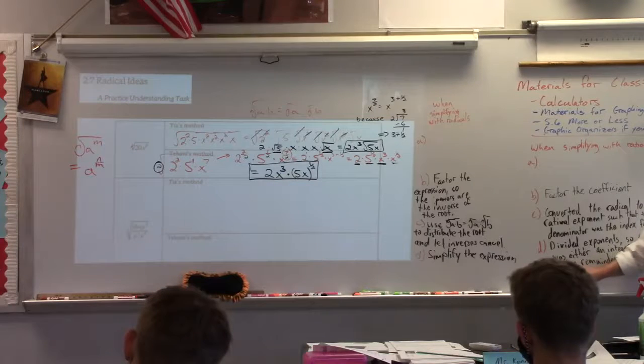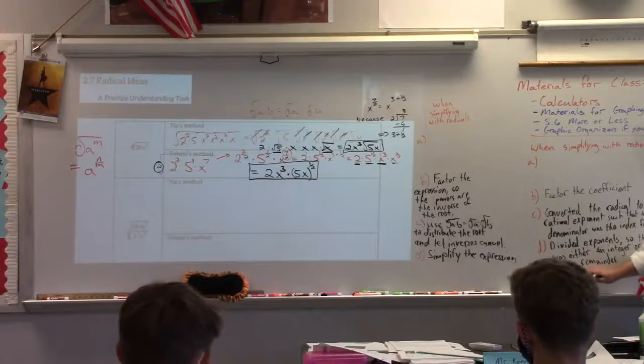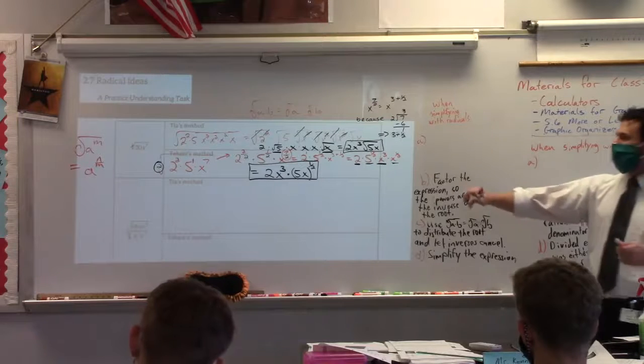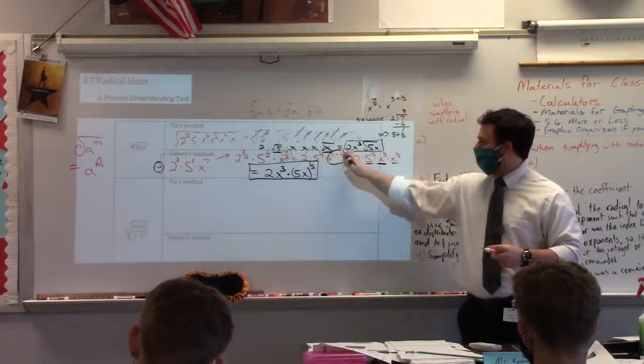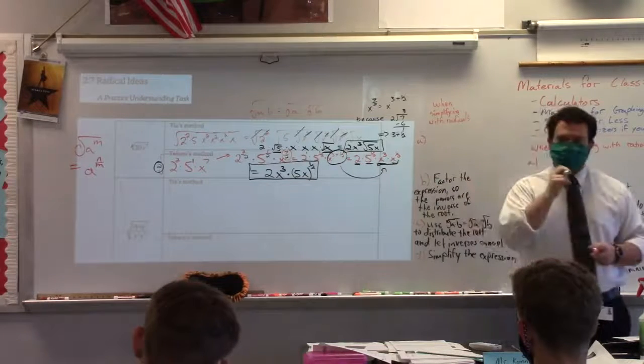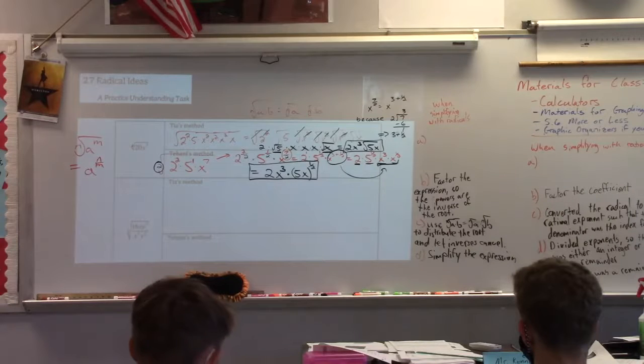How do we go from this to this, when there was a remainder? Well, that's adding, and they have common bases, so you split it up into two different powers.